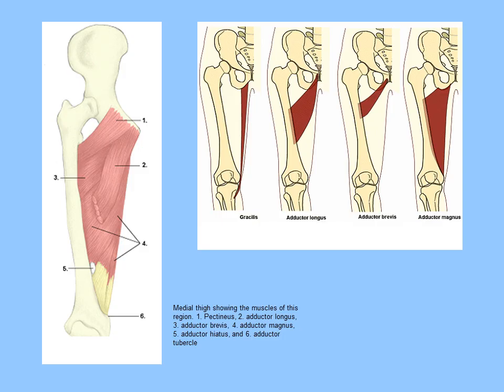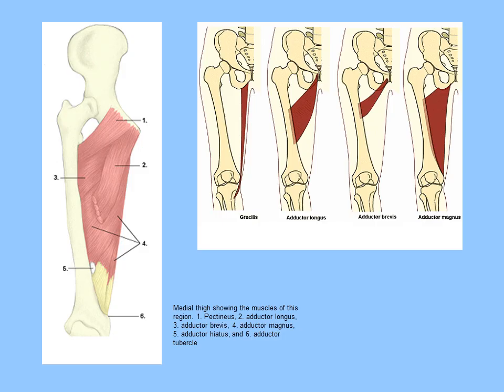The medial compartment contains the adductors of the hip. Each of these muscles is in part innervated by the obturator nerve, which also has an L2, L3, L4 component. Gracilis is first, followed by adductor longus, adductor brevis, and the largest of the adductor group, the adductor magnus.